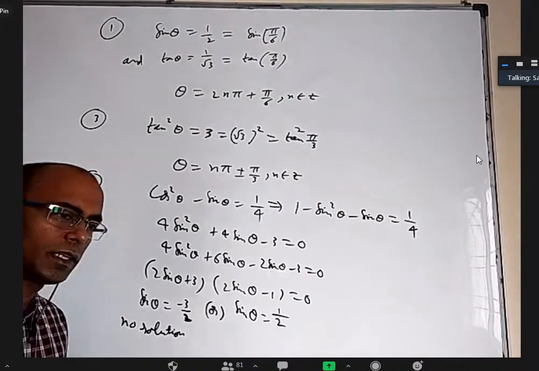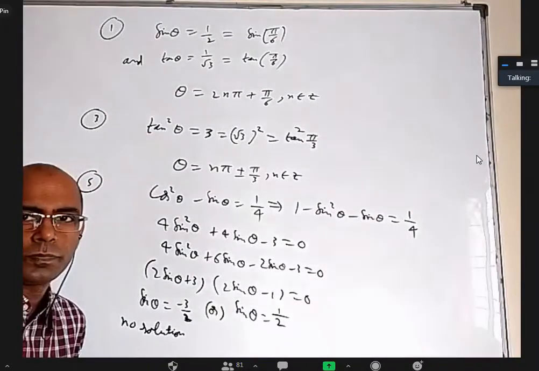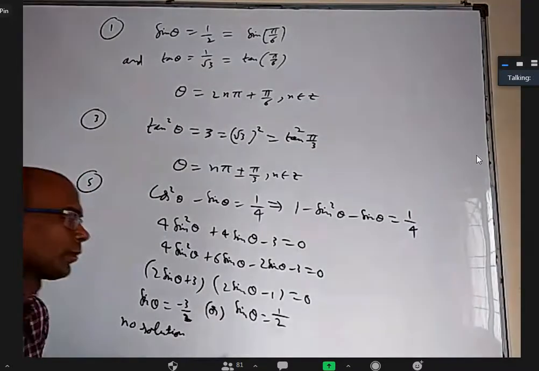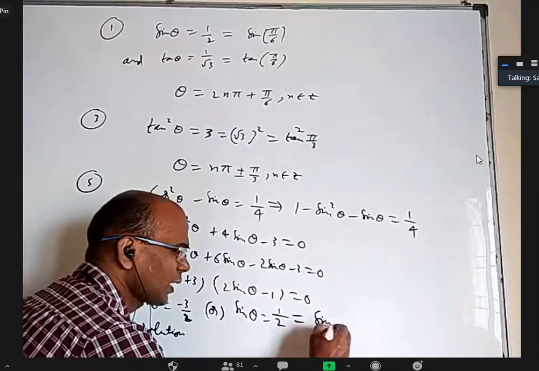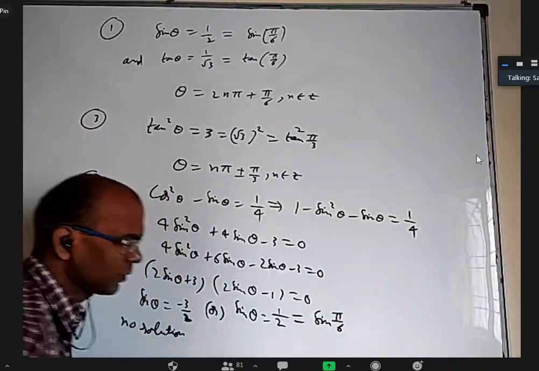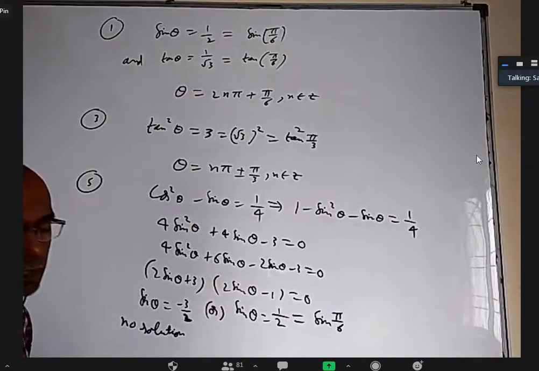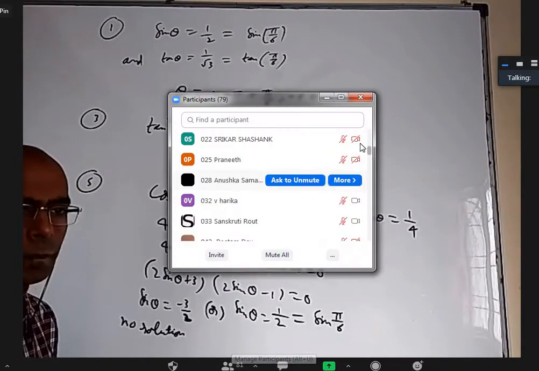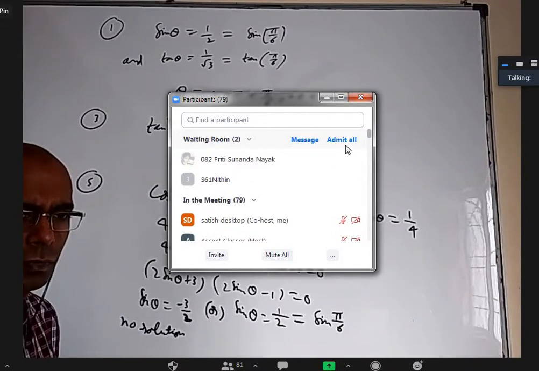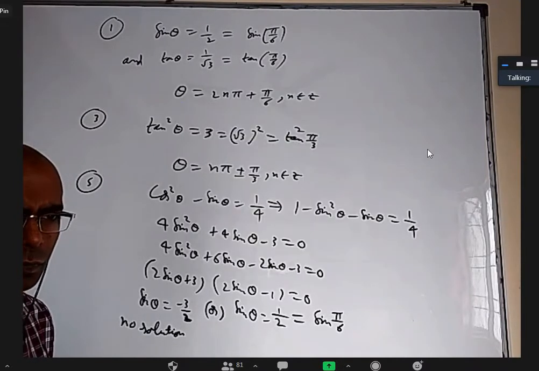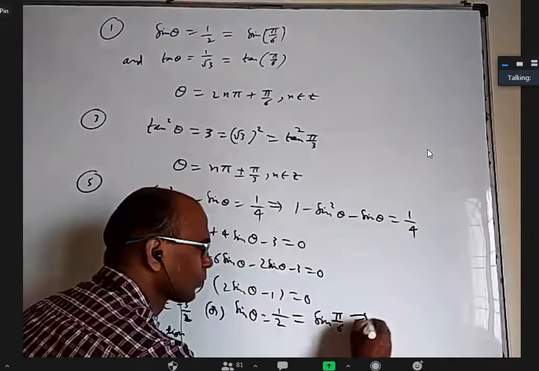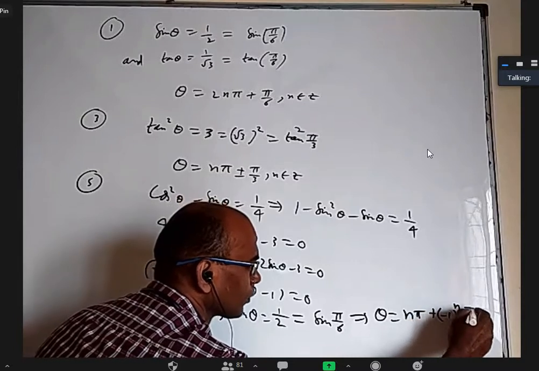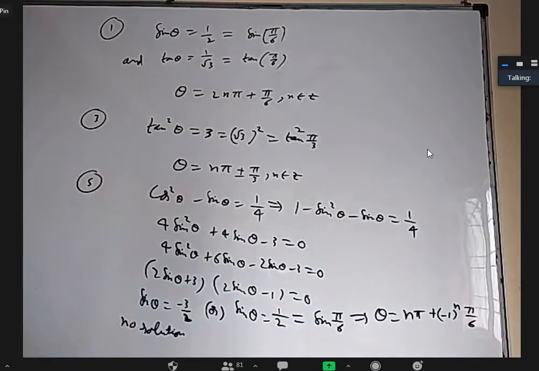So n pi plus minus 1 whole power n into alpha, right? Yeah, so this is sine 30 degrees, which is pi by 6. Sine theta equal to sine alpha is theta equal to n pi plus minus 1 whole power n into alpha. N belongs to Z.